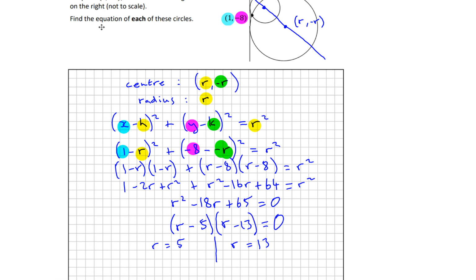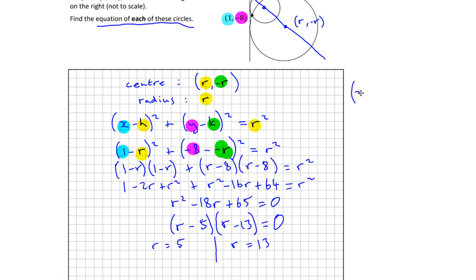But what did they ask for? They said find the equation of each of these circles. Okay, so the equations, I'll do them up here. The first circle has a radius of 5.